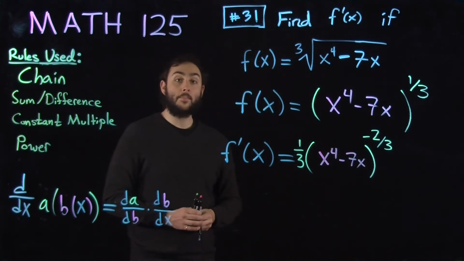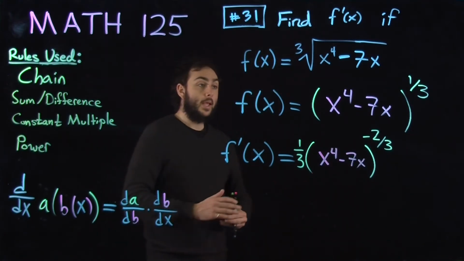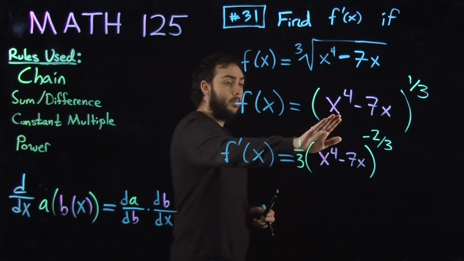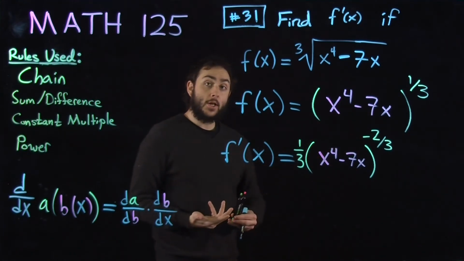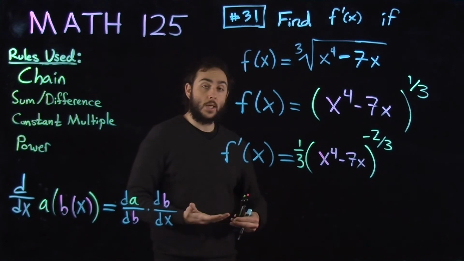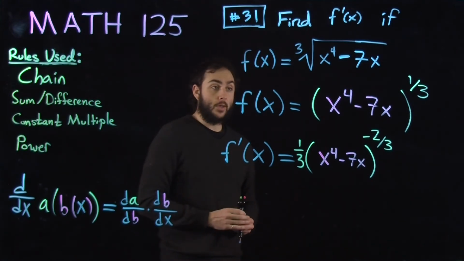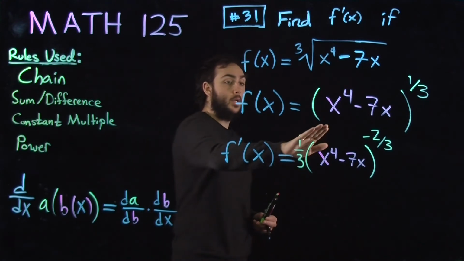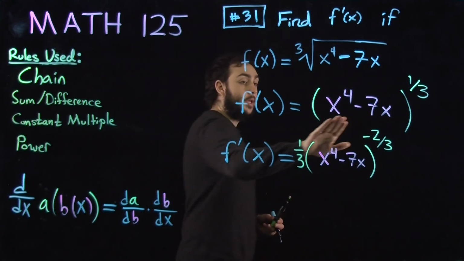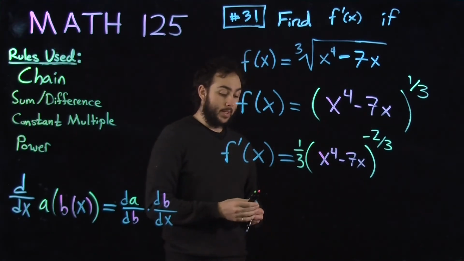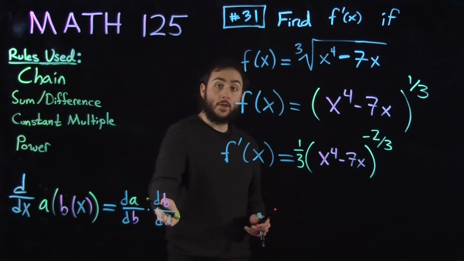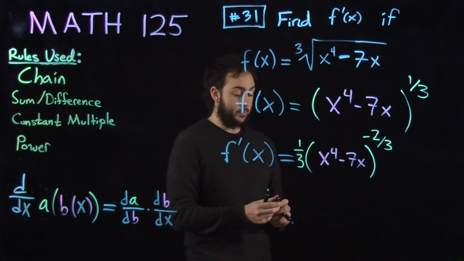So far so good. But the problem is that our innermost function is changing as well. So we must take its derivative into account. So what the chain rule tells us to do next is to take the derivative of this innermost function, x to the fourth minus 7x, and differentiate that with respect to x.